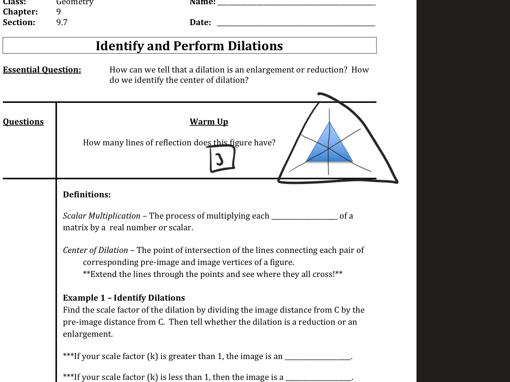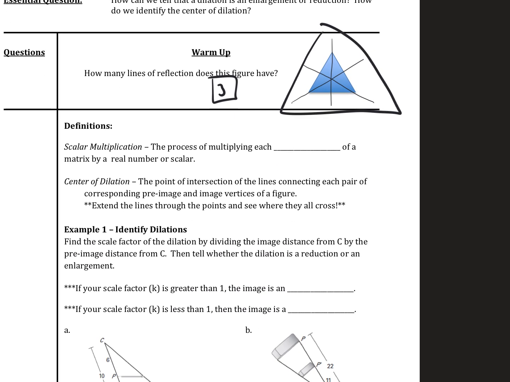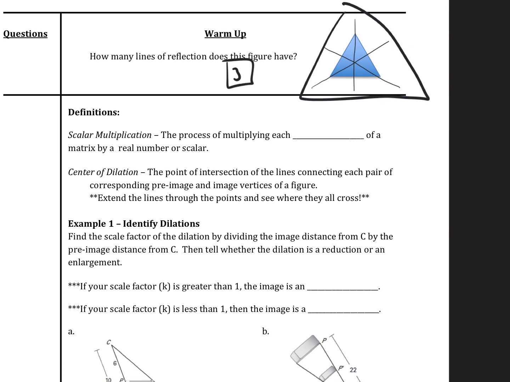All right, awesome. Like we talked about where we translated using matrices, we can use what's called scalar multiplication. It's the process of multiplying each element, which is actually going to be a number, of a matrix by a real number or scalar, okay?